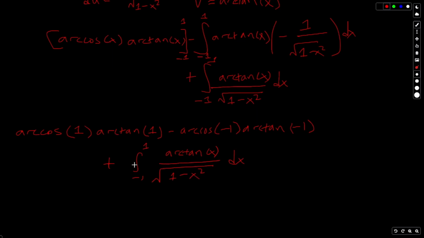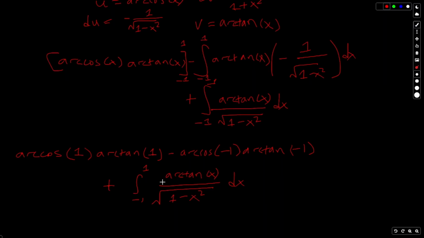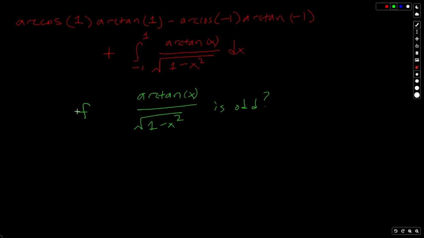Let's look at this integral. Again, we have the -1 to 1 bounds. However, this is actually a different integral than last time. So how about we analyze if the function is odd or not, and we can just skip a bunch of steps and say it's 0 if it is odd. Well, let's check. We need to check if arc tan of x over square root 1 minus x squared is odd. Well, this is only odd if I set this to f of x.